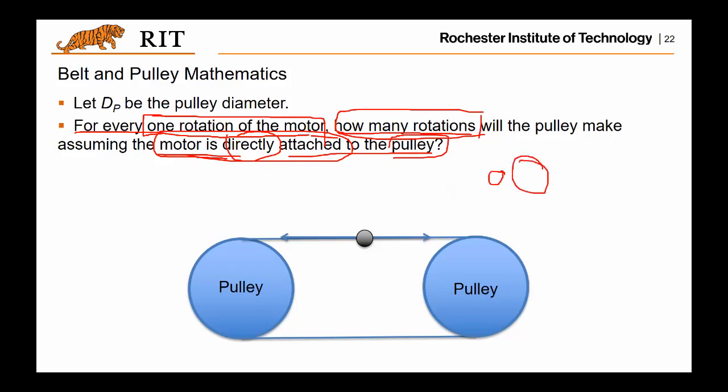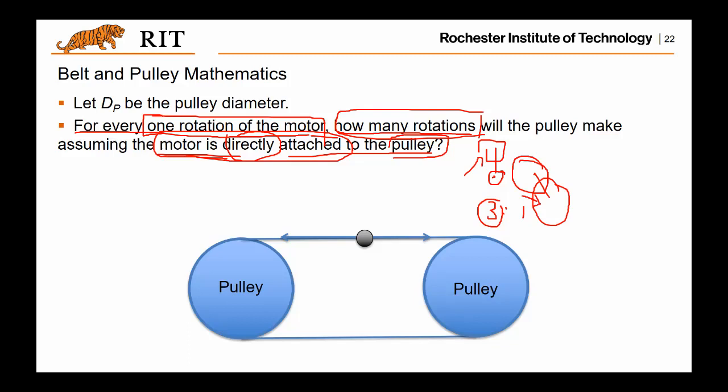For example, if the gear ratio is 3:1, this is connected to the motor, and this is connected to the pulley, and this revolves 3 turns while this revolves 1, you need to divide by 3 the revolutions per minute of this motor, such that you will have the revolutions per minute of the pulley, right?